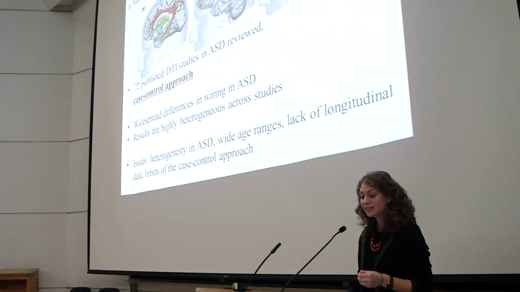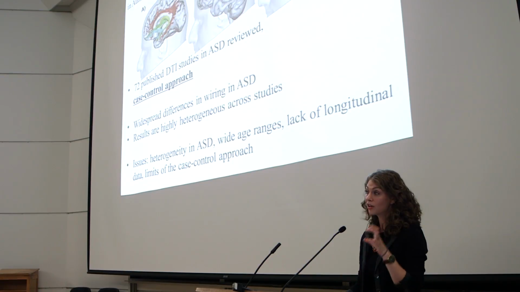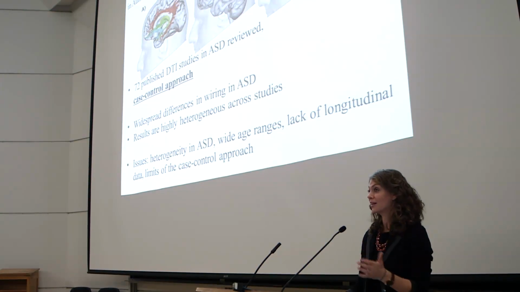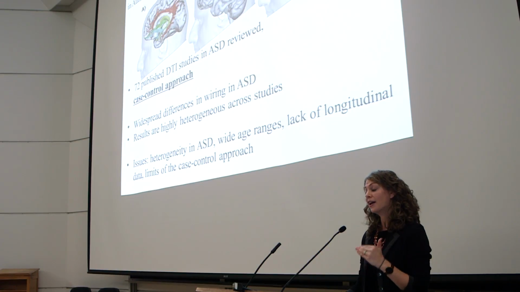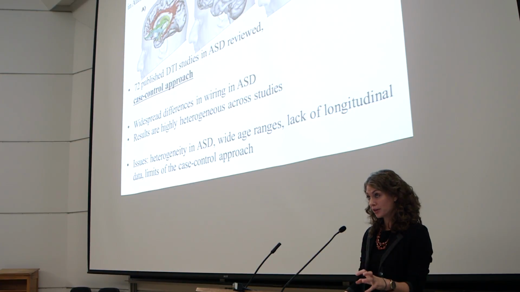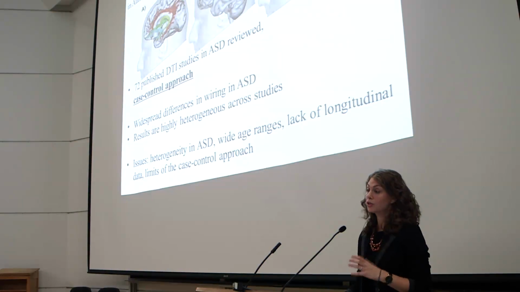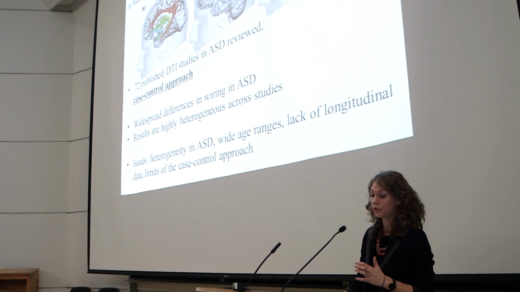And this review of DTI studies largely consisted of studies that had small samples, like 20 to 30 kids in each group, comparing kids with a disorder or autism and kids without a disorder. So using this kind of case control approach.